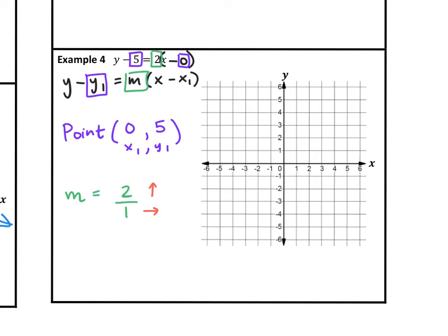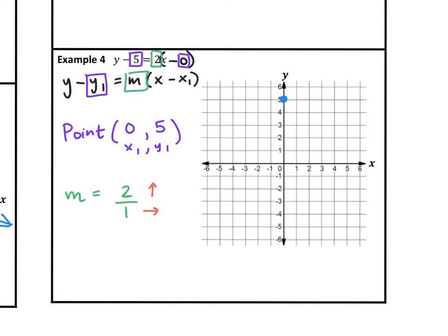So we're going to graph the point first. 0, 5, graph this point. So that's located at 0, 5 up here. Wait a minute, isn't this the y-intercept?